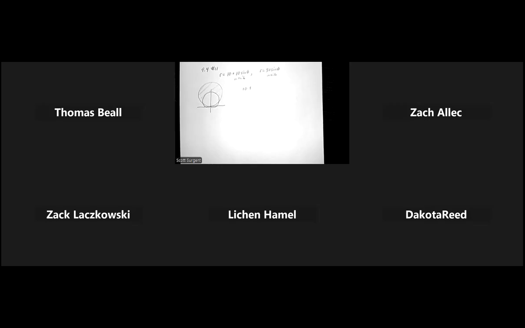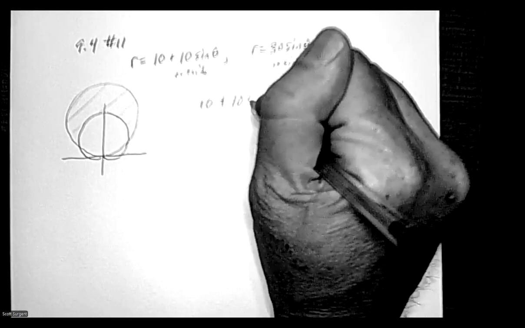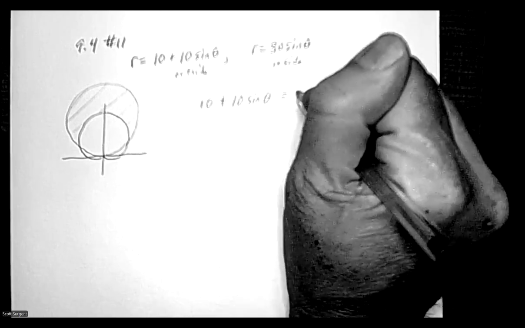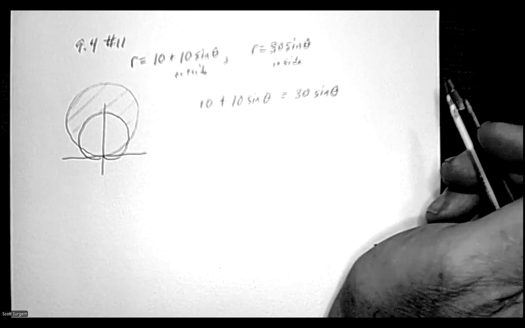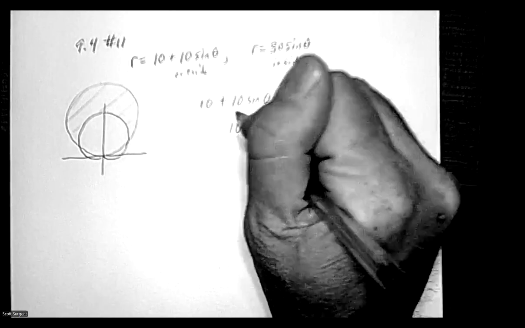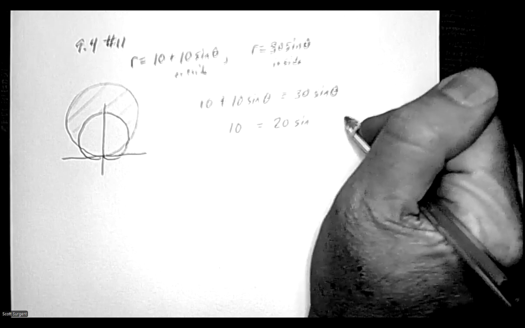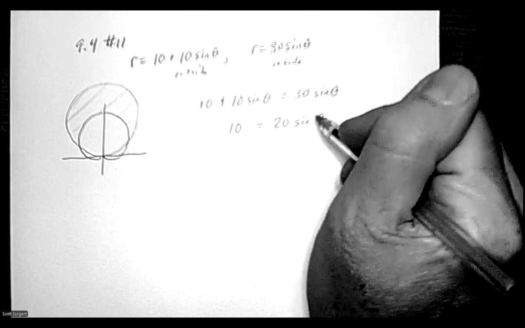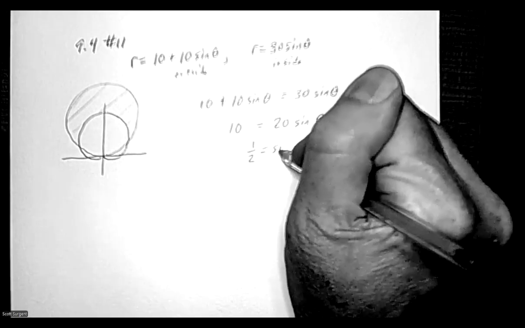We have 10 plus 10 sine theta equals 30 sine theta. If I subtract out this 10 sine theta, I get 10 equals 20 sine theta. And I divide by 20, I get 1/2 equals sine theta.